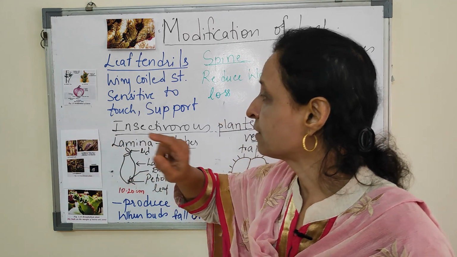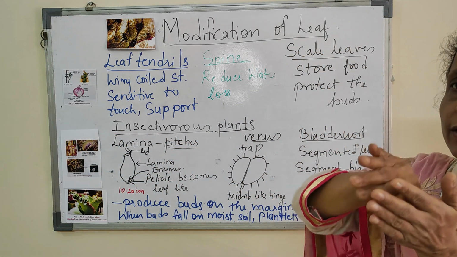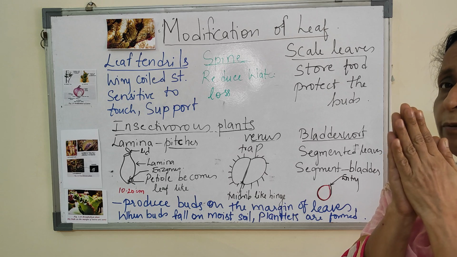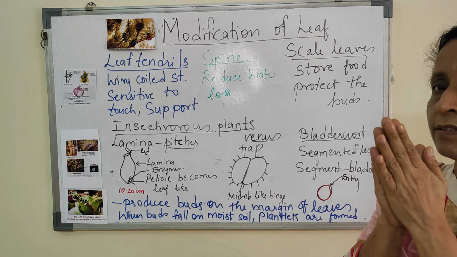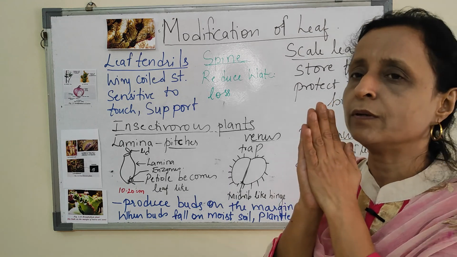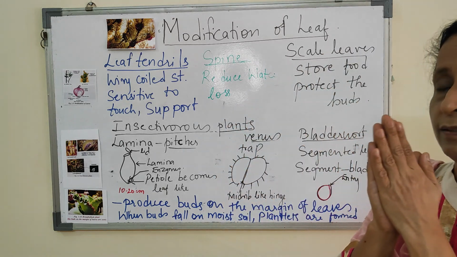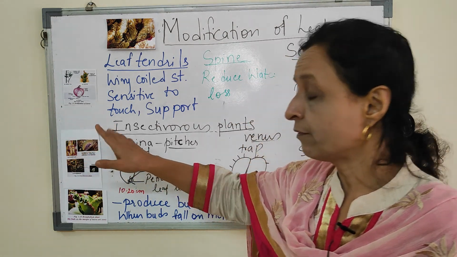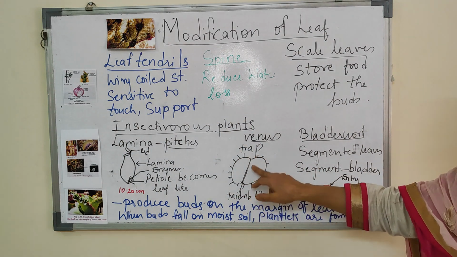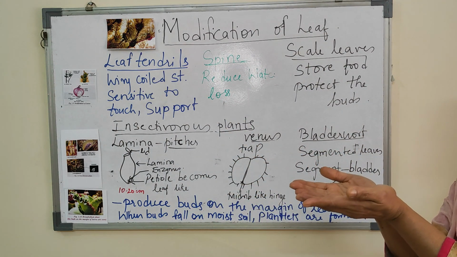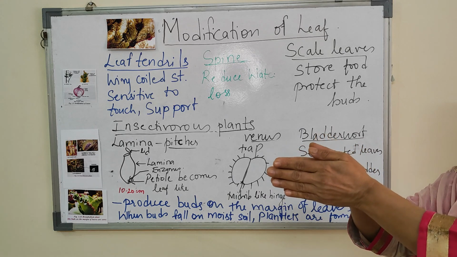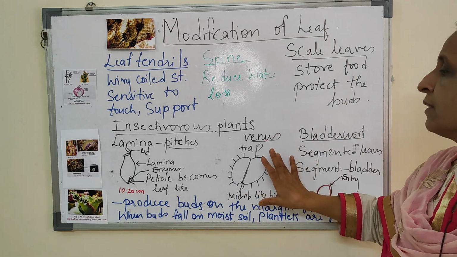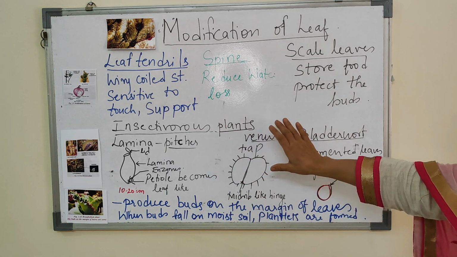As soon as they sit, they will go inside, and the hinge will close, and the insect will be trapped inside. Various enzymes will digest it, and the plant will be able to obtain the protein it requires. So here you can see the Venus Trap with the trapped fly, which will eventually get digested. So it is something like this. The leaf midrib is modified into a hinge so that the lamina can close and trap the insect. This is the Venus Trap. This is a picture of the plant, the Venus Trap.